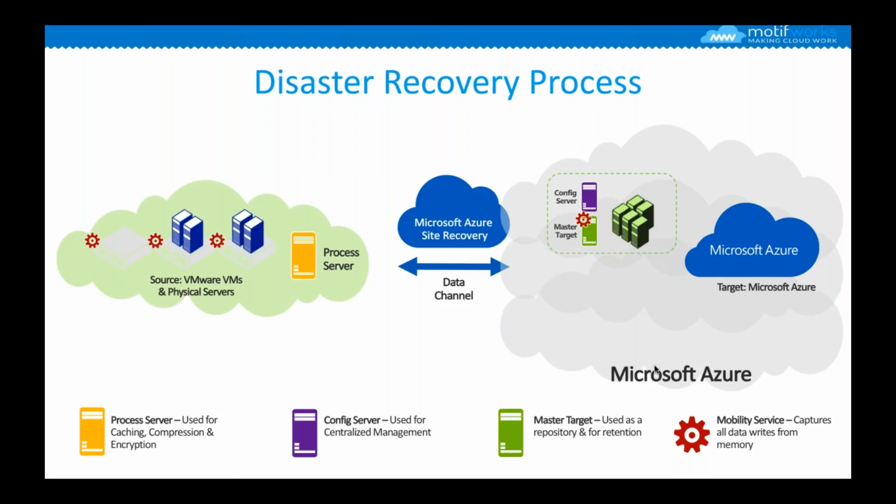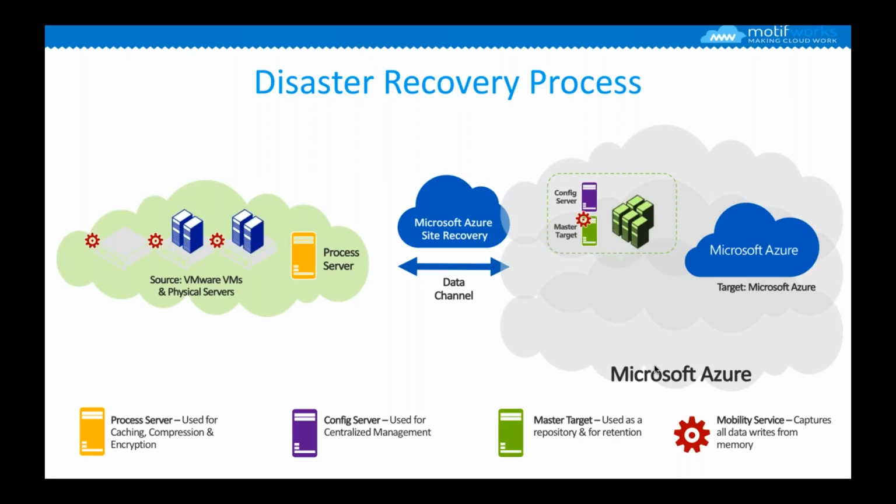So once you have recovered, everything is great, and you want to go back to your primary site, the master target handles the replication data during the failback from Azure to your primary site. So when you want to go back to your primary site, the master target plays its part.